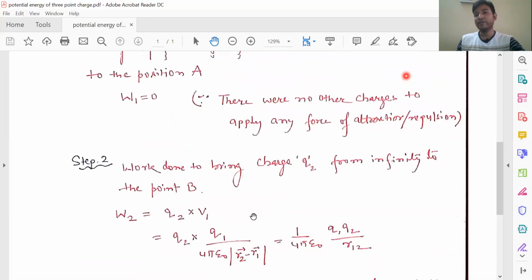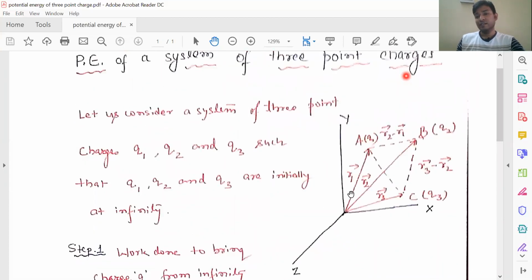See in the figure here, the position vector of the first charge is denoted by R1, and the position vector of the second charge is denoted by R2. From the triangle law of vector addition, this AB is equal to R2 minus R1.